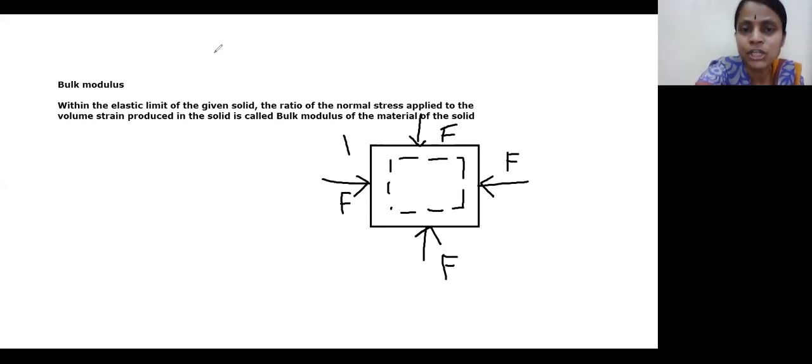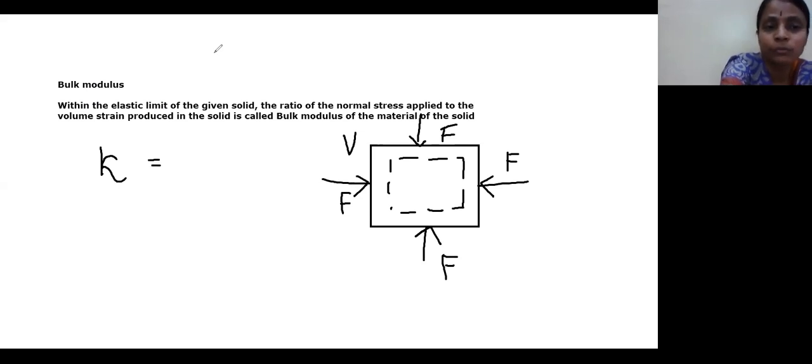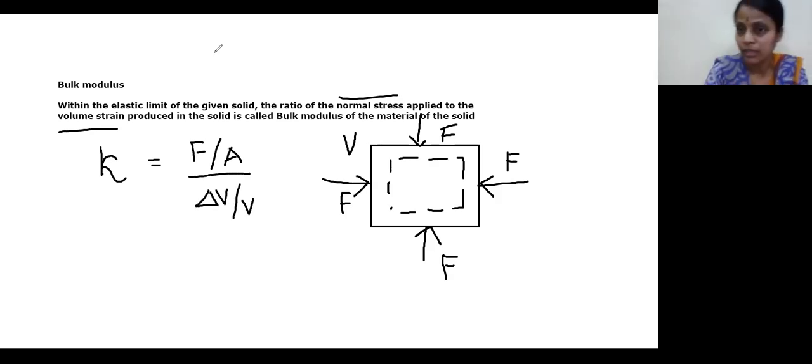So if the initial volume is V, and let us assume that there is a change dV, what am I going to write kappa as? Normal stress by volume strain. Normal stress is again going to be F by A, and volume strain is del V upon V. Is that clear, children?